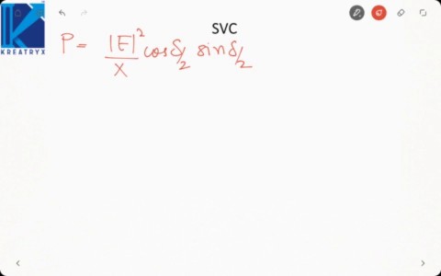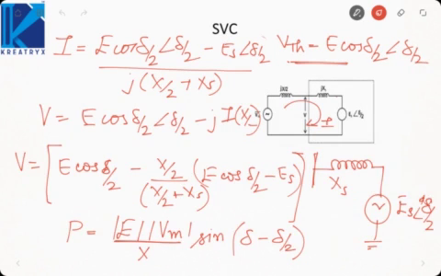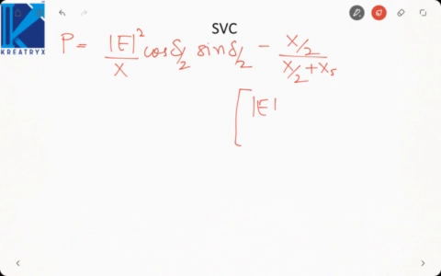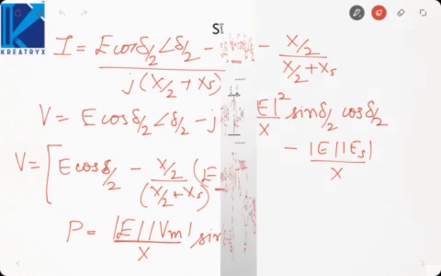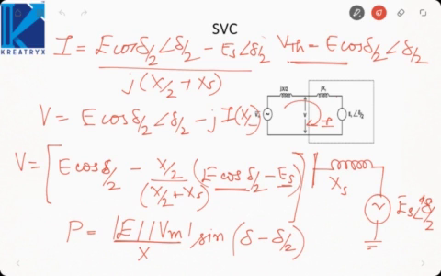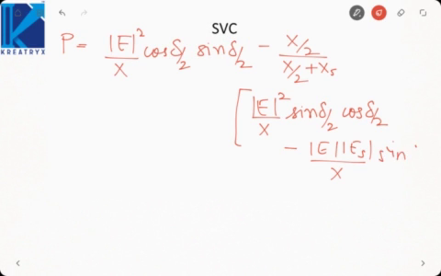I am substituting the value of Vm in the expression, minus x by 2 by x by 2 plus XS, multiplied by, we will multiply this by E by X sin delta by 2, mod E square by X minus mod E into ES by X. Okay, it will be multiplied by sin delta by 2. Okay, so this will be the power.